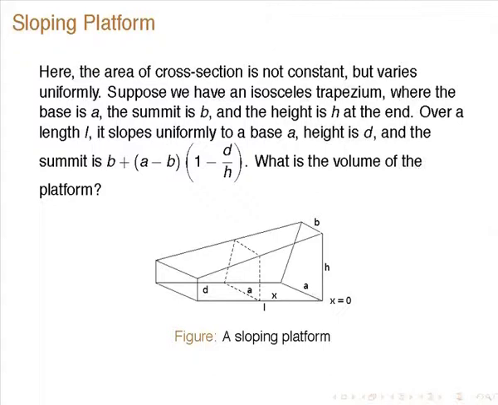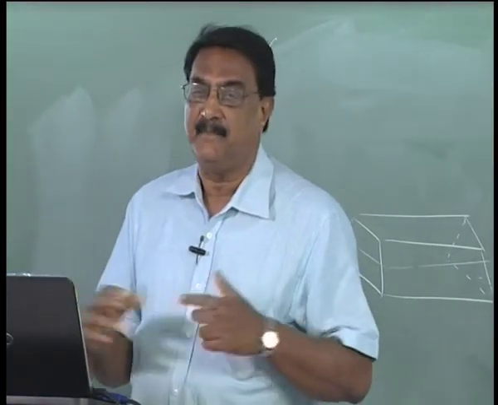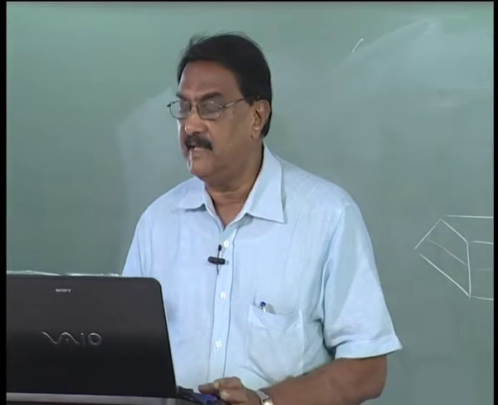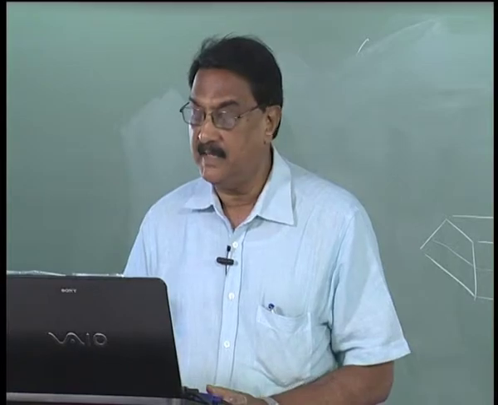I have tried to do it by using integration exactly, and this first term is correct, but he is getting 2A plus B plus D, whereas what one should get is different. So he has made some error. Of course, these are more complicated things, and simple arguments like those for a frustum may not work here. So probably that is why he has not got the correct result. Anyway, you should check what the correct result is.